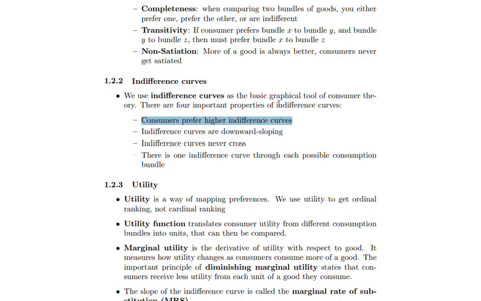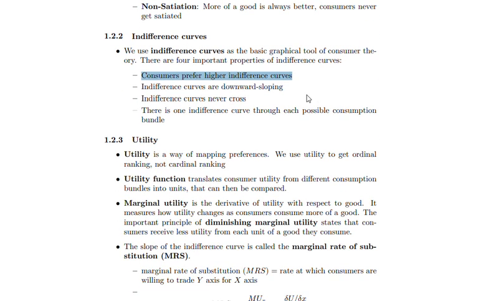The second is indifference curves slope downward, and are concave. Indifference curves never cross. You can't be equally happy in a different way. So that is very reasonable intuition. There is one indifference curve through each possible consumption bundle.